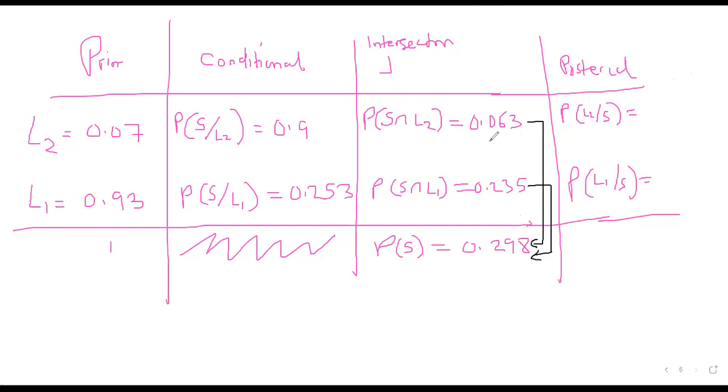0.298 into 0.063. What are we getting? That's fine. 0.928 into this one here. Quickly.